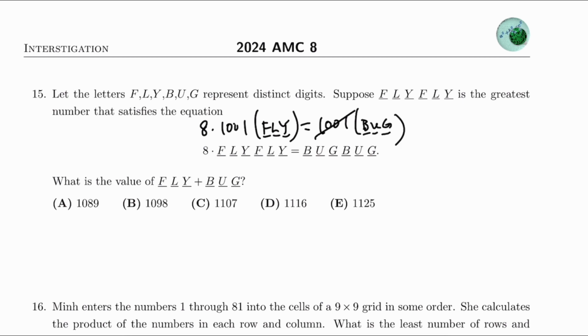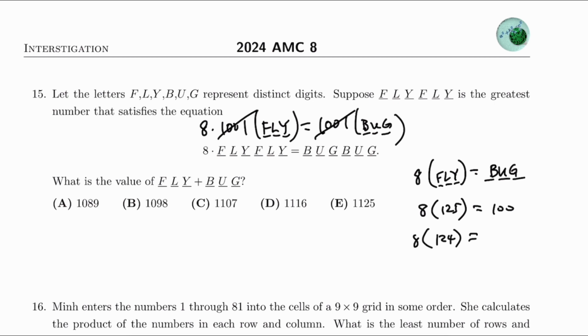We can cancel out the 1001 on both sides, so we get 8 times FLY is equal to BUG. We want to find the greatest number FLY. And now we have that BUG is a 3-digit number, and therefore 8 times 125 is 1,000, which is too big. Now let's try something smaller.